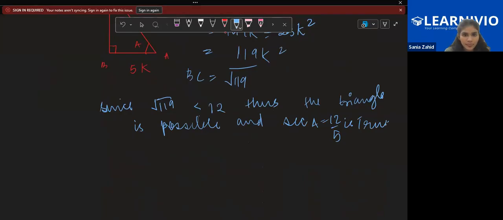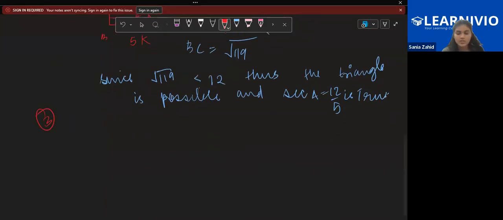Third question reads, cos A is the abbreviation used for cosecant of angle A. Is it?